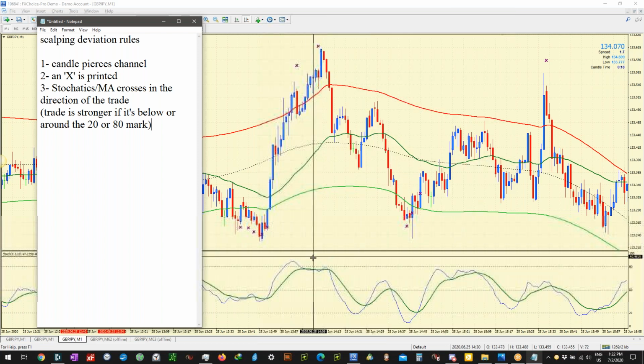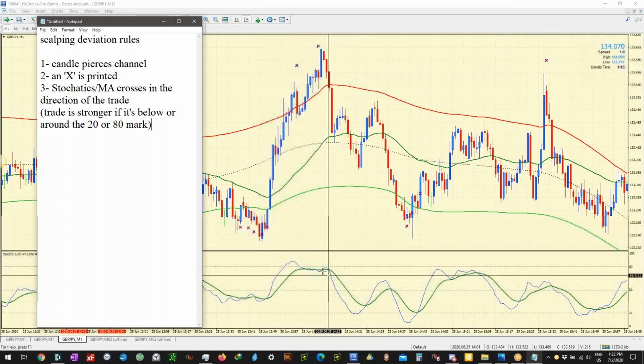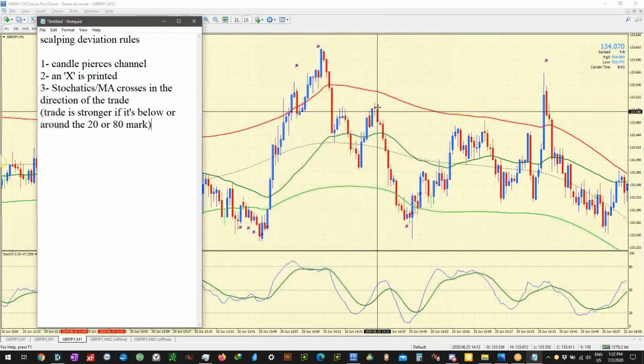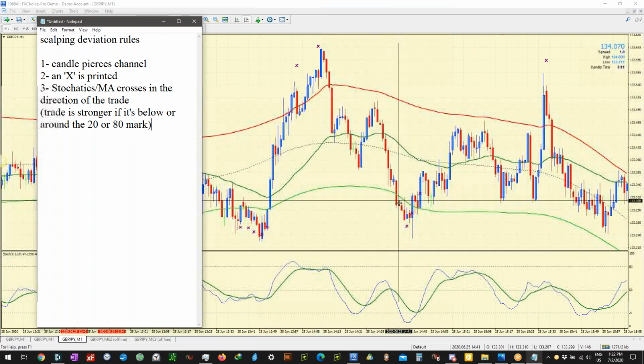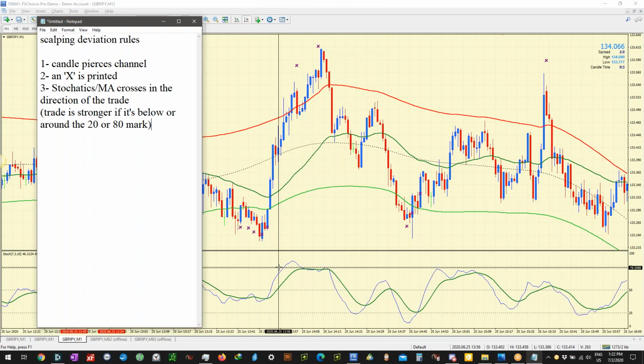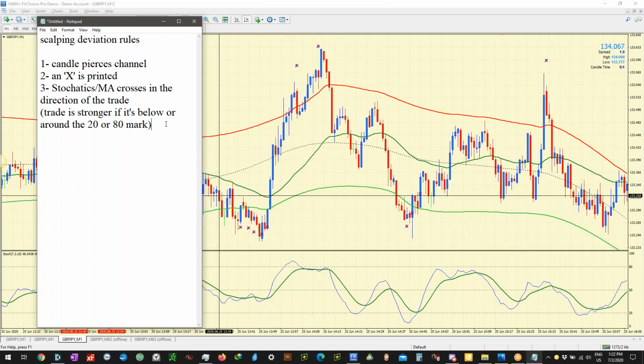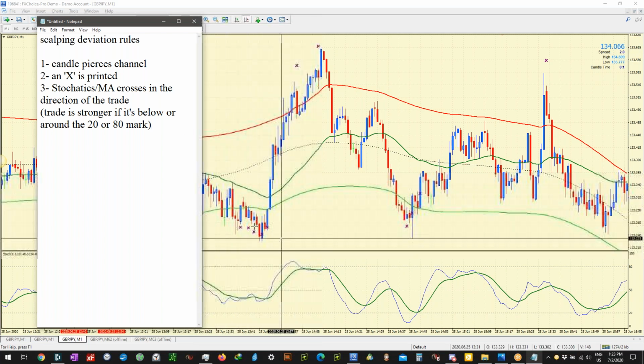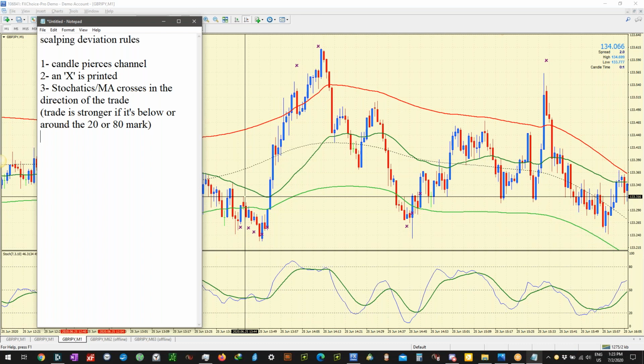So the higher the cross, the stronger it is. You see this trade, you would say, okay, this is a trade, but the stochastic was pointing up. So you have to see that this is pointing up. Okay, so now the third, in this particular case, place pending order as close to the band as possible.